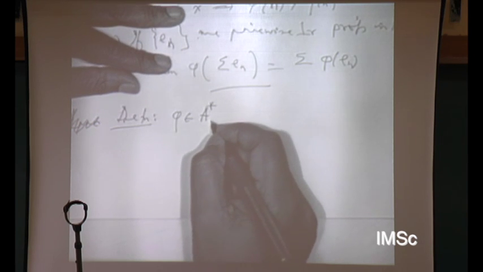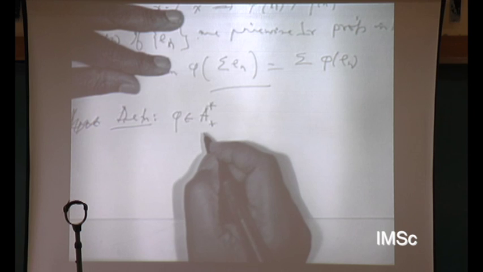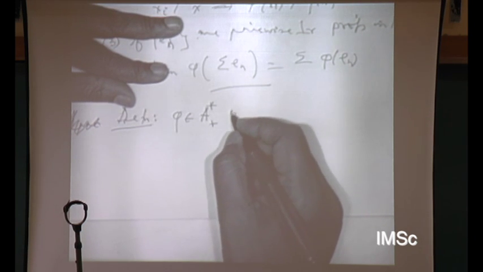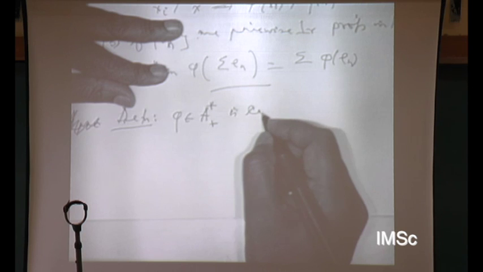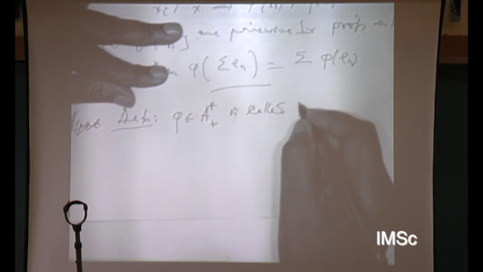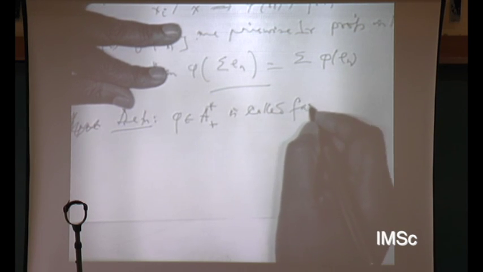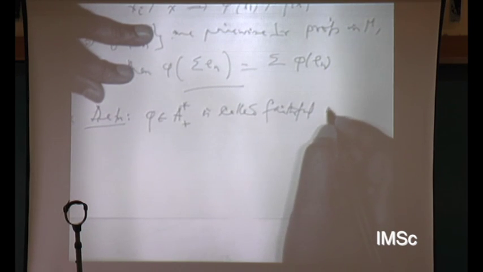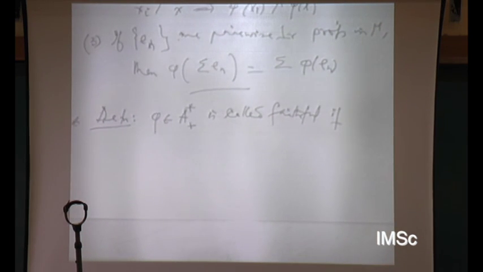Suppose you have a positive linear functional on a C star algebra. It is called faithful if, what do you think it can mean?